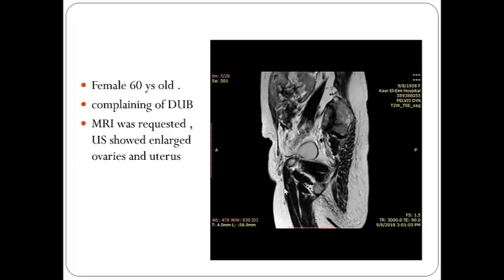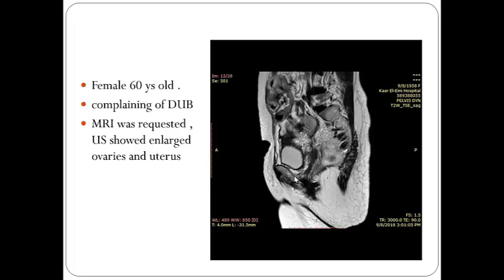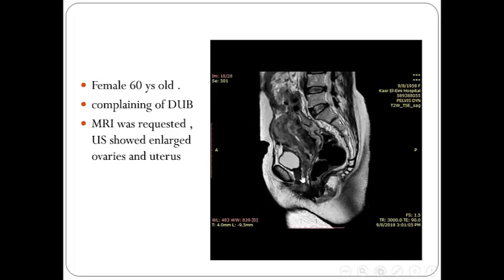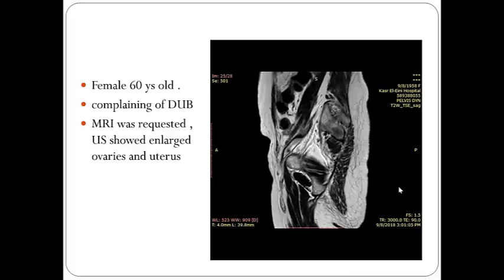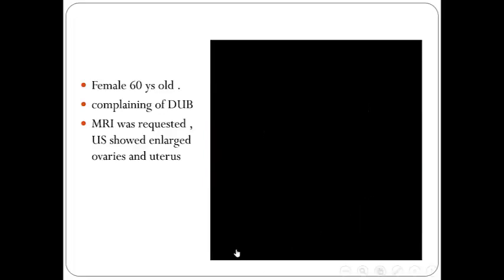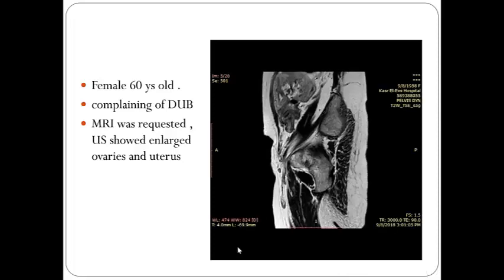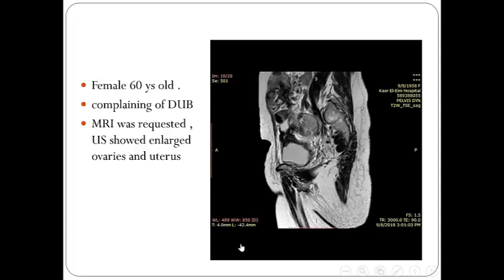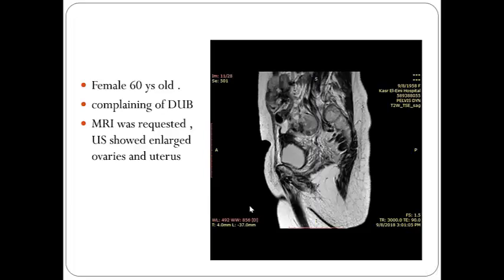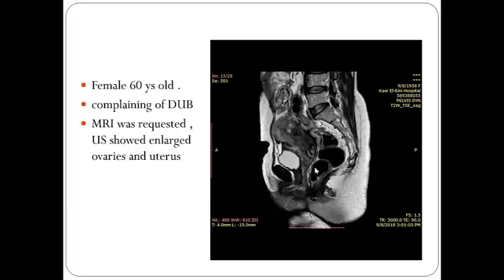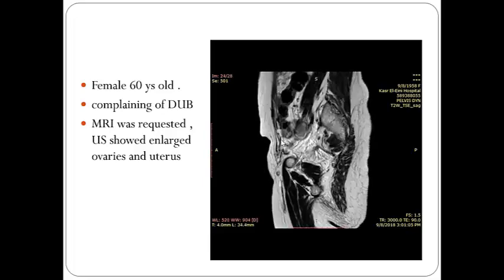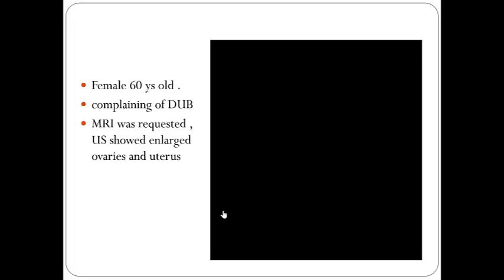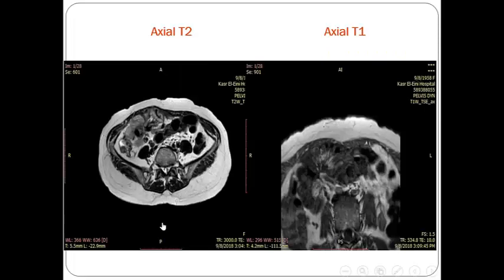This is the sagittal T2. Again, note here the uterus. Okay, we will try to get other sequences.